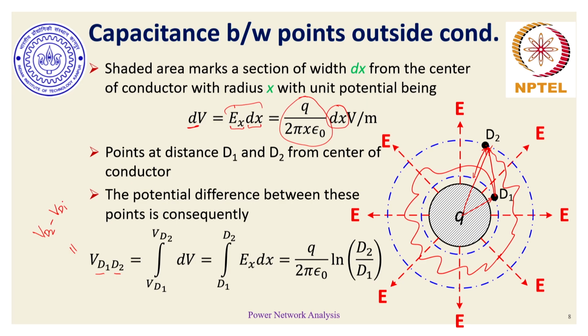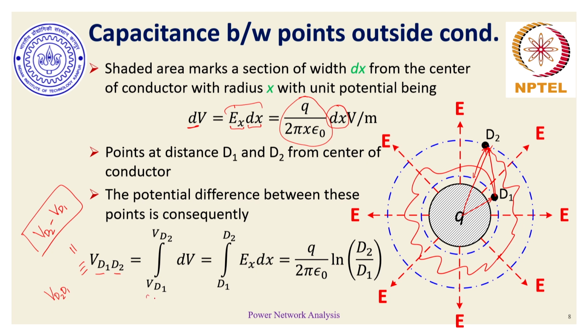In certain textbooks or references, you may also find this to be equal to VD2D1. But essentially, no matter what the context is, we are trying to find the potential difference between two surfaces, and that's the reason why there are two voltages for D2 surface and D1 surface.